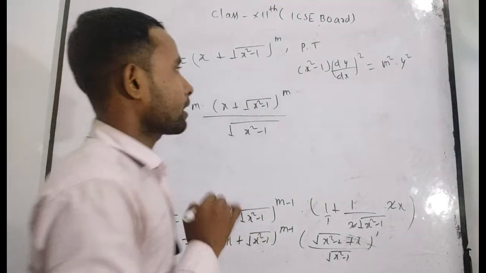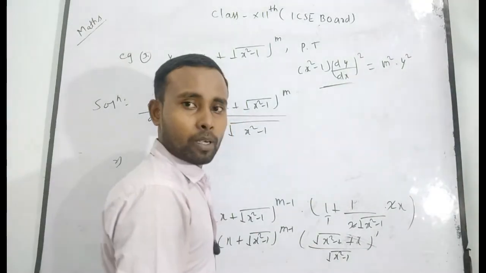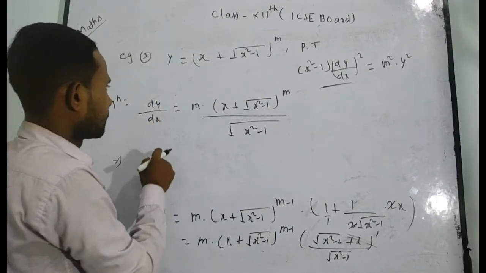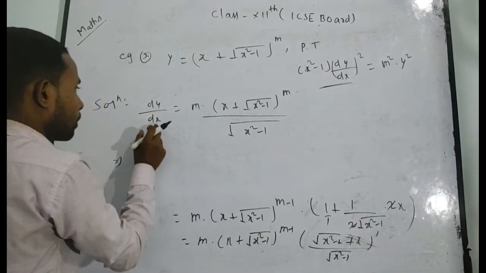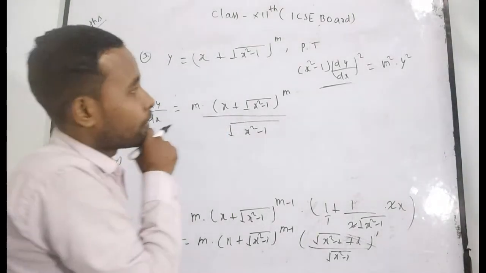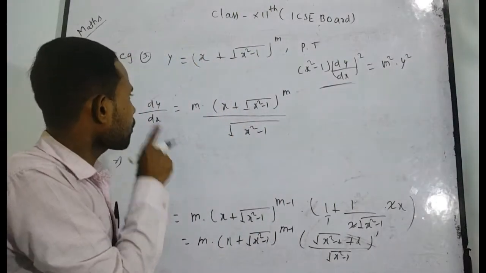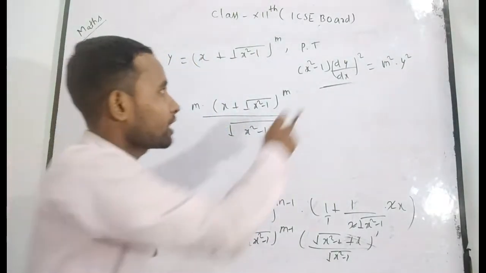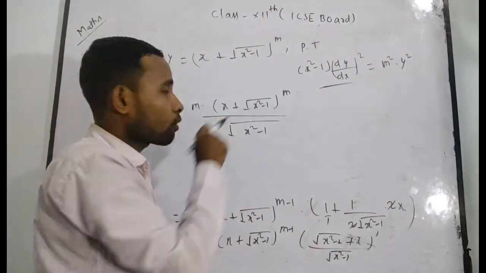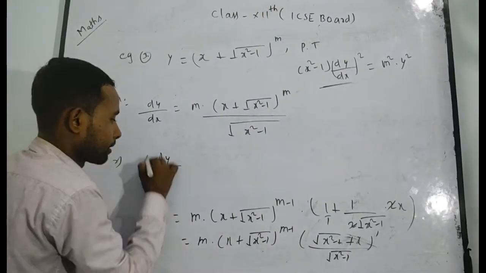Now there is a given (dy/dx) whole square, and I have got dy/dx is equal to this. For reaching this point, first of all we need a square on both sides, because there is whole to the power 2. So first of all I want to square it on both sides.